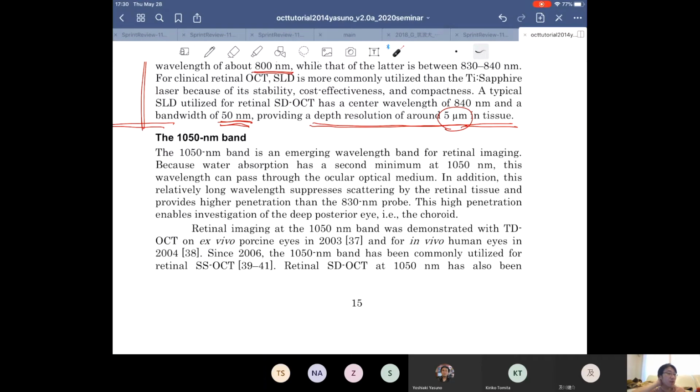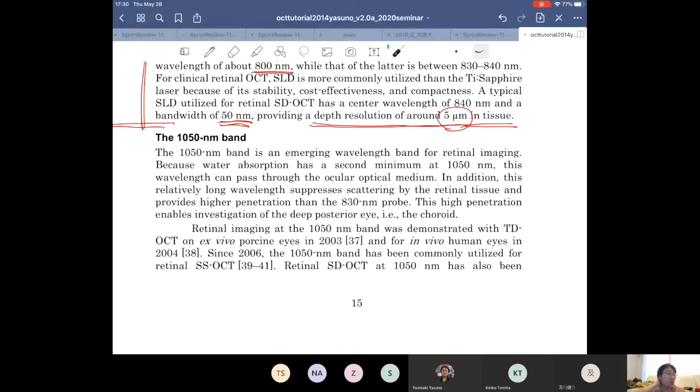So 1050 nanometer is surely longer than 830. This is the first point. Because of this, it suffers less from scattering. At the same time, the absorption of water is a little bit larger than at 830, but still small. So there are two points.